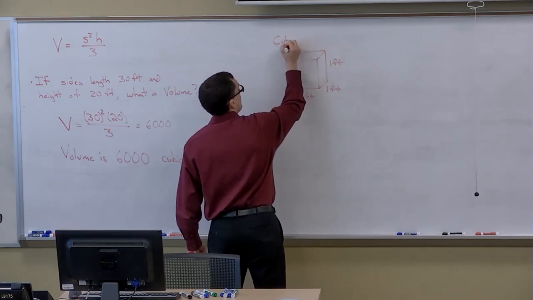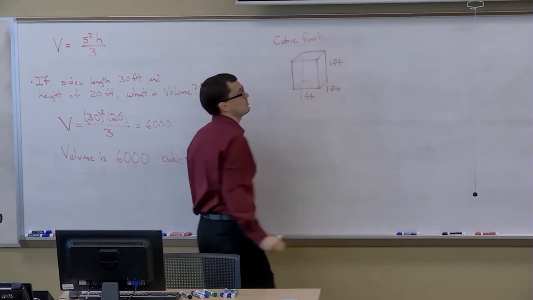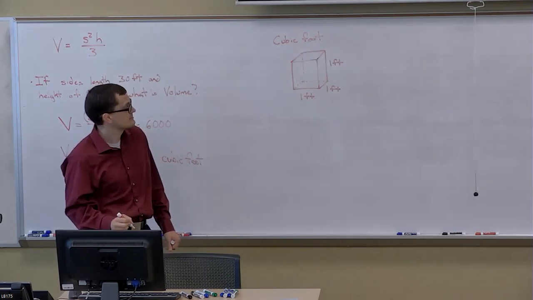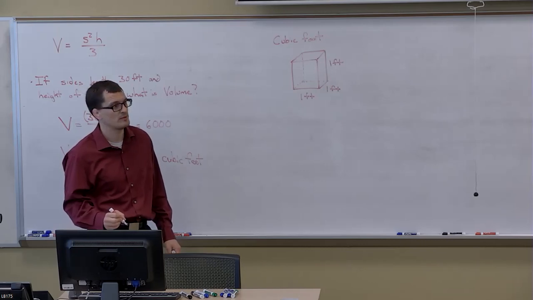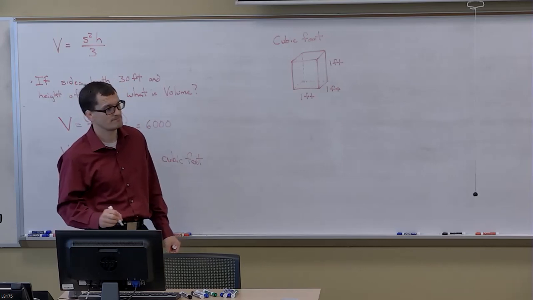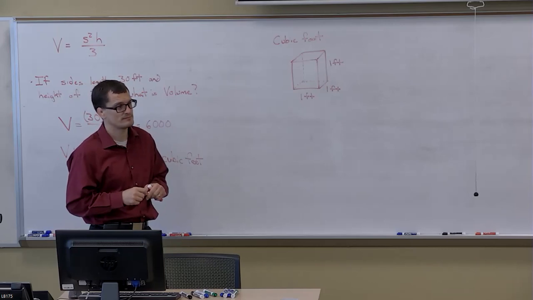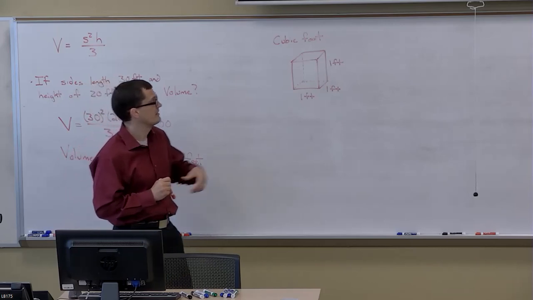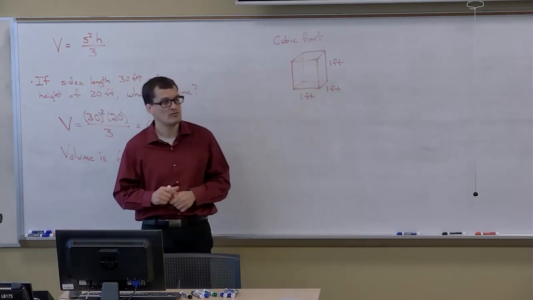Cubic. So a cubic foot of anything is things that can fit into a 1 foot by 1 foot by 1 foot block. It's a cube where the length, the width, and the height are all 1 foot.